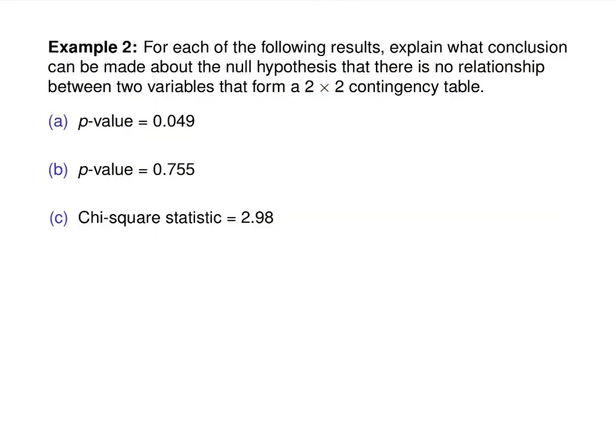So for each of the following results, explain what conclusion can be made about the null hypothesis that there is no relationship between two variables that form a 2x2 contingency table. So the thing to remember here: you reject H0 if P is less than or equal to 0.05 or if chi-squared is bigger than or equal to 3.84.